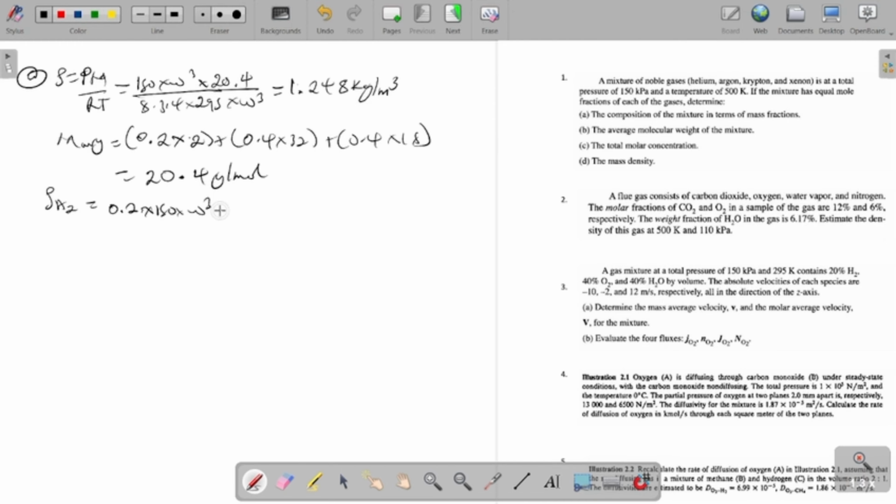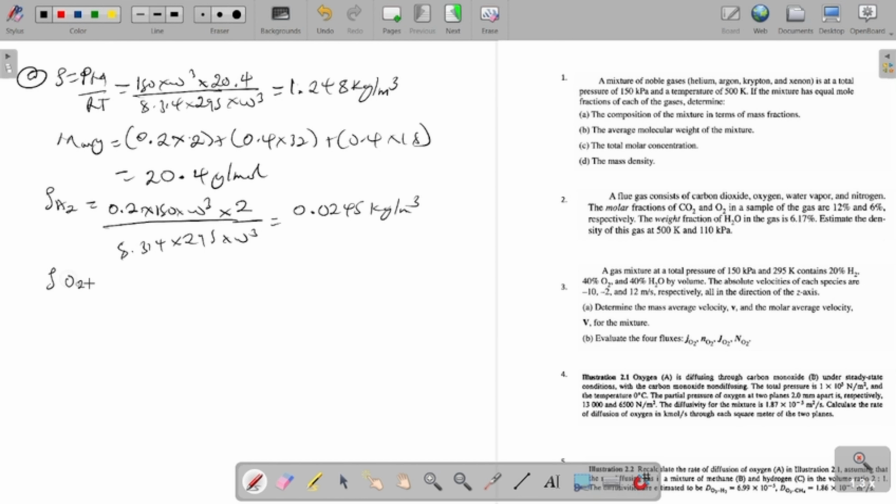Then I also multiply by its molar mass, which is 2, then I divide by 8.314 times 295, also times 10 to the power 3 because of the molar mass. So this one I get 0.0245 kilogram per meter cube, right?